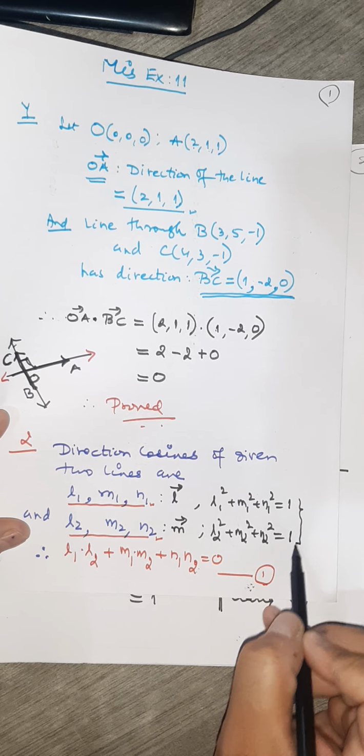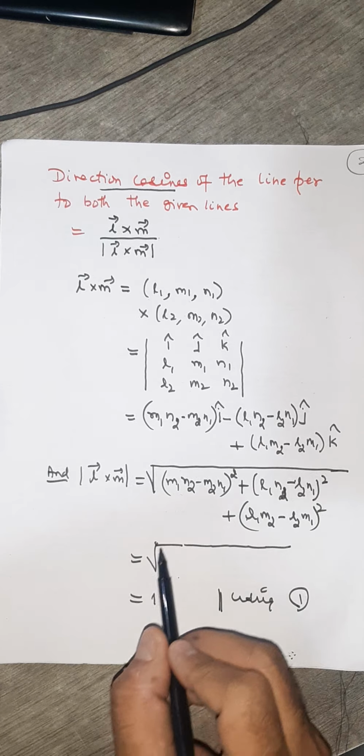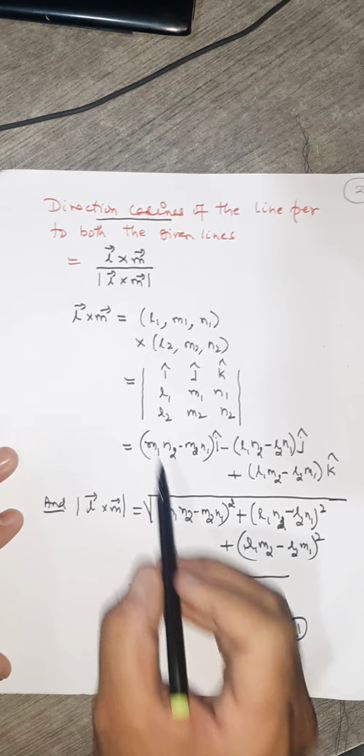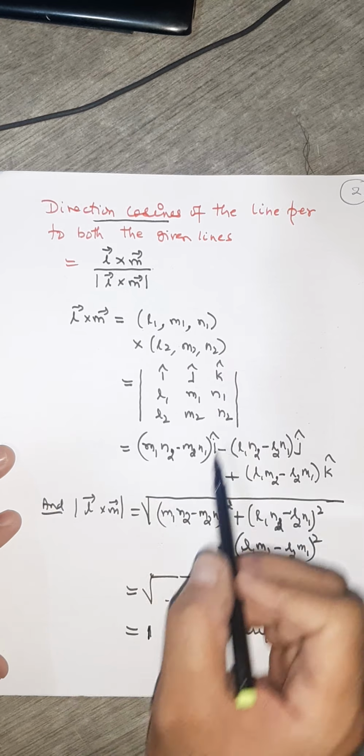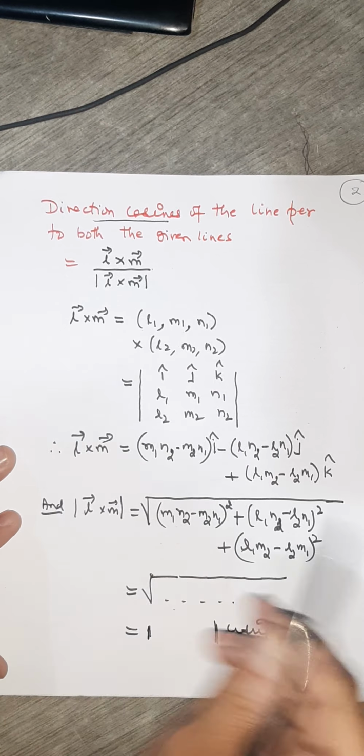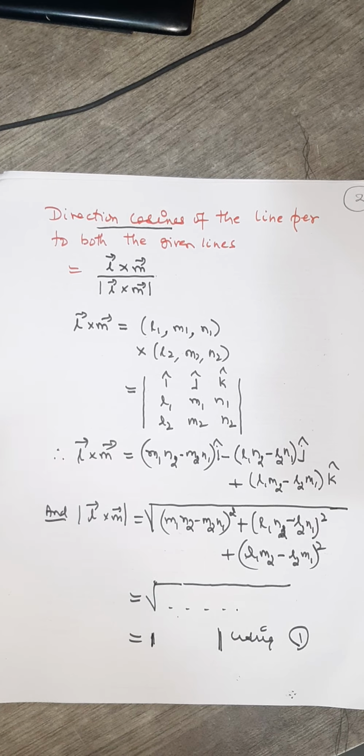With the help of this and this, you can show that this expression has value 1. So this will be just 1. And here this cross product I'm going to place there. So let me put the cross product there.